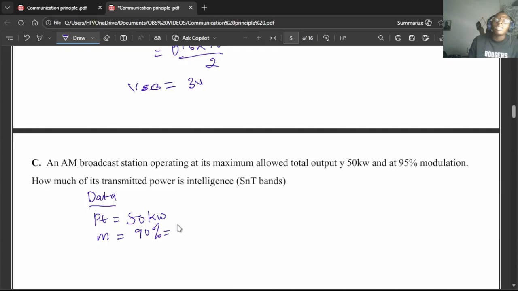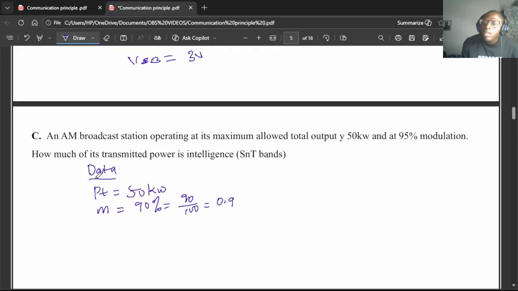You convert this to a decimal by saying 95 divided by 100, and that will give you 0.95. So you make that correction. Am I communicating? Now, what are they asking you? They said, how much of its transmitted power is intelligence?